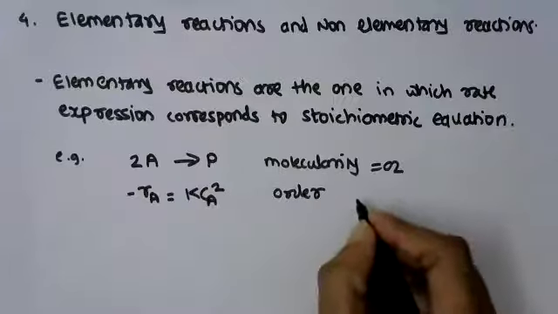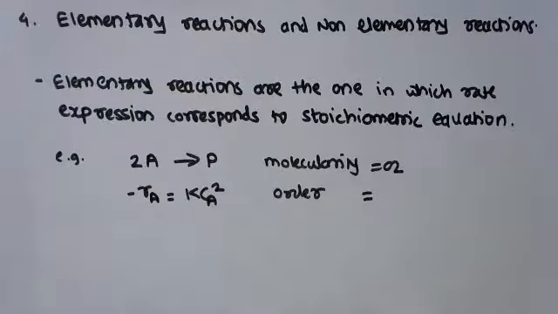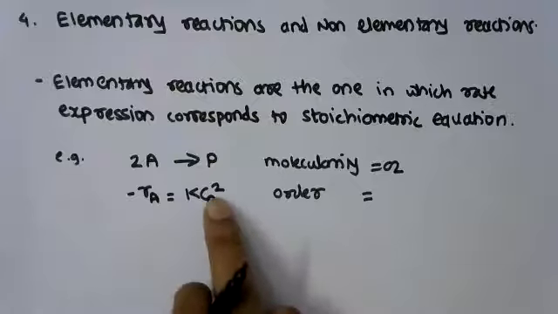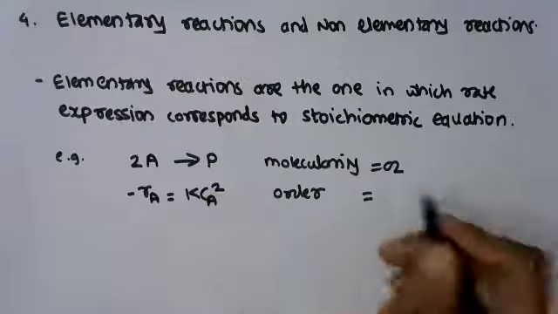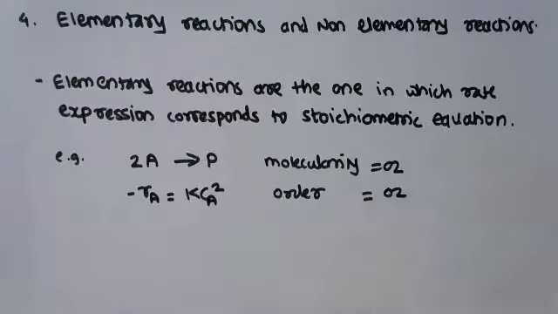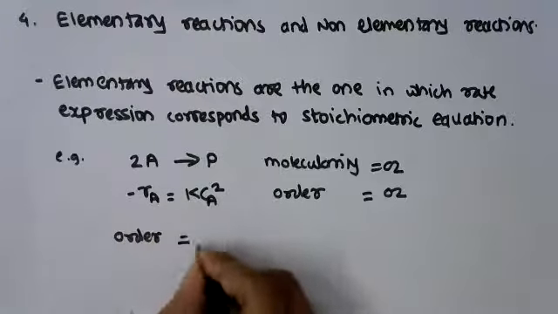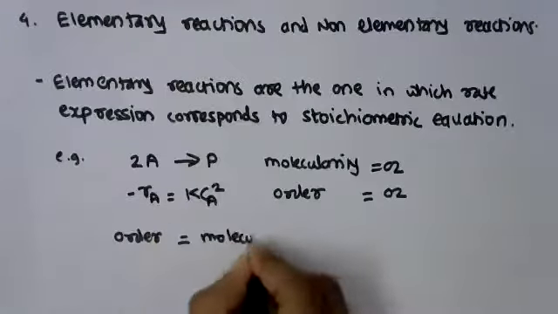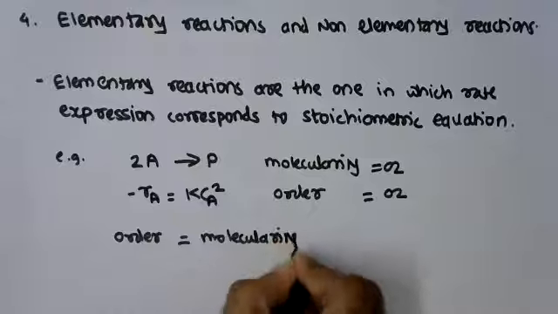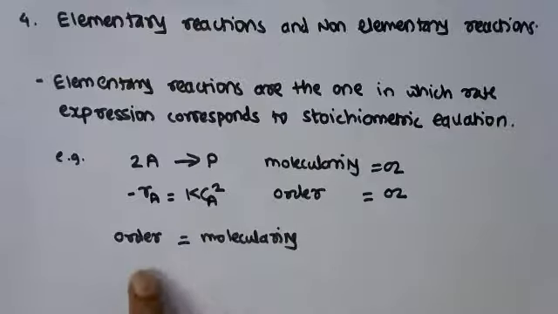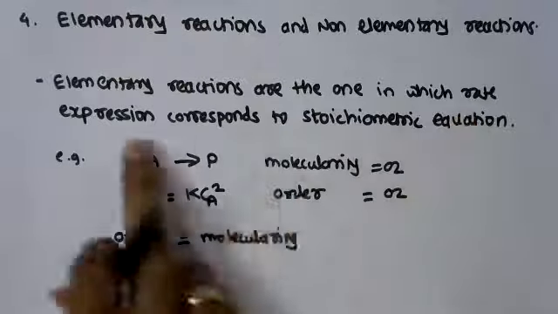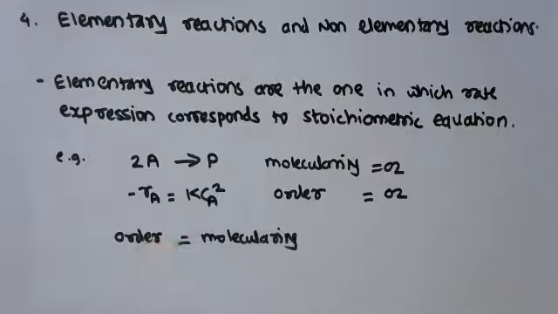The power which is raised to the concentration terms in a rate law expression is known as order of reaction. So, order of reaction is 2. So, when order is equal to molecularity, we say that the rate expression corresponds to the stoichiometric equation.